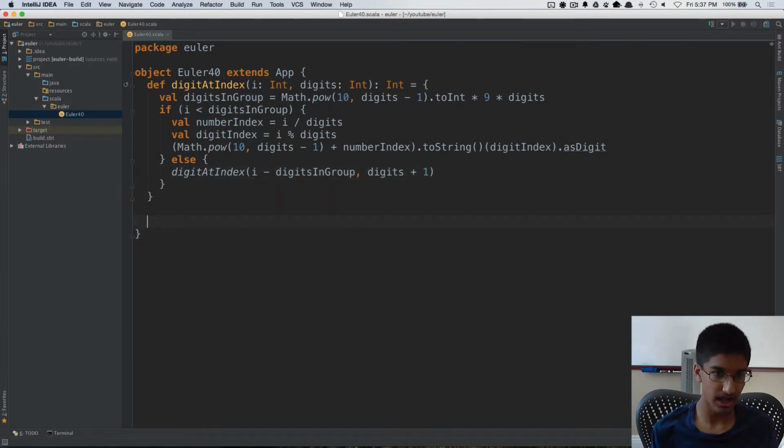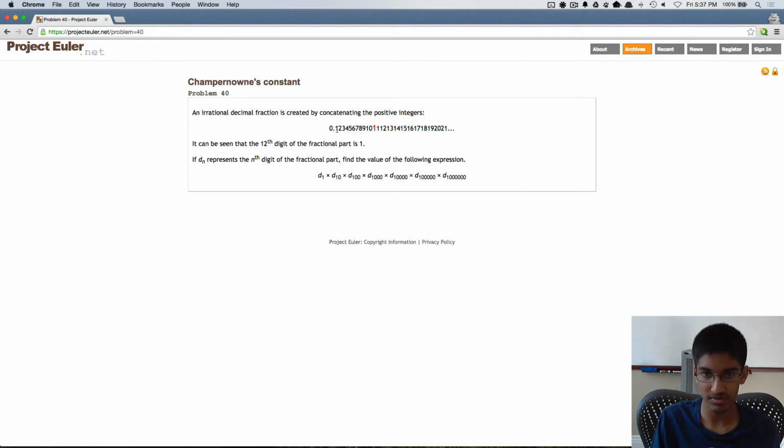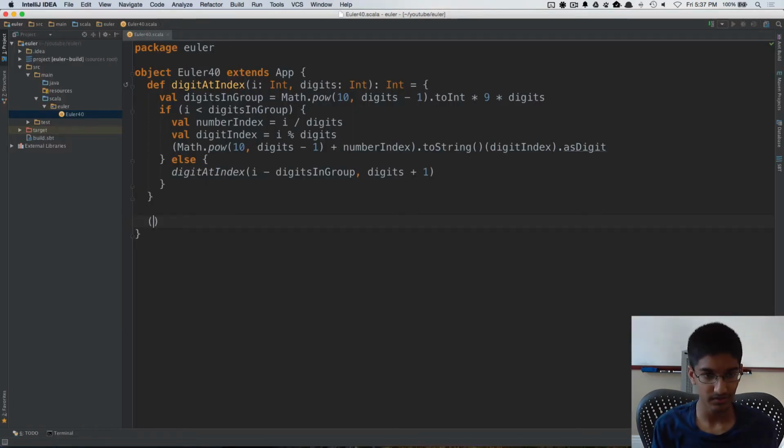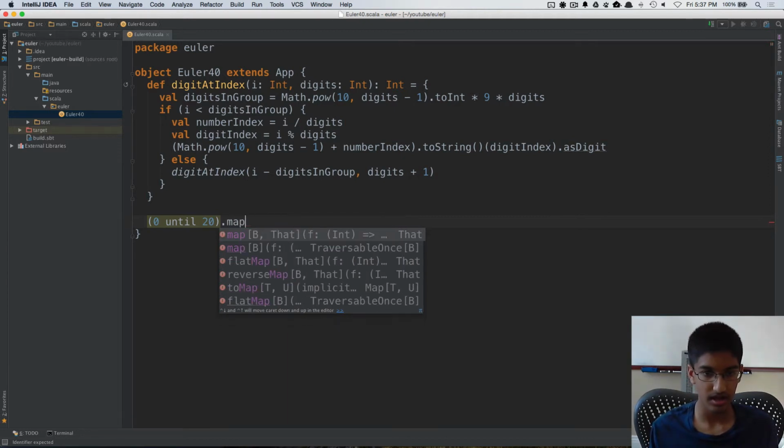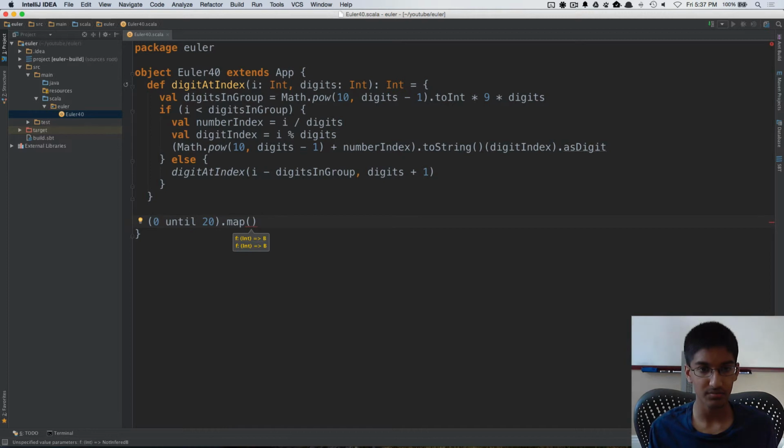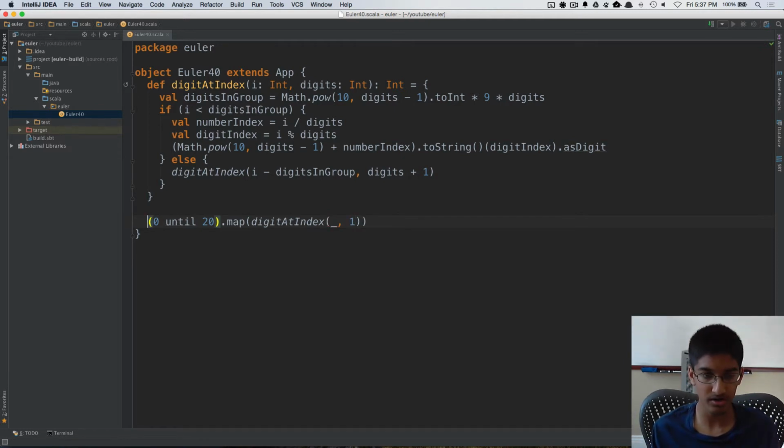So you can test this out. I can go to maybe like 20 digits. So we can do 0 until 20. So this is going to give us the first 20 indexes. I'm going to take each of these and I'm going to calculate the digit at index with that index, and the initial digits is 1.